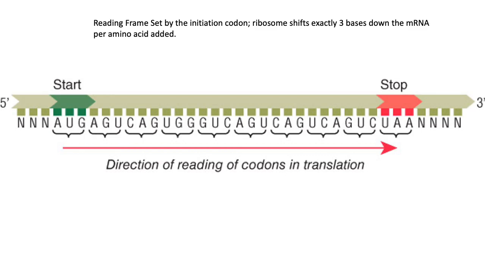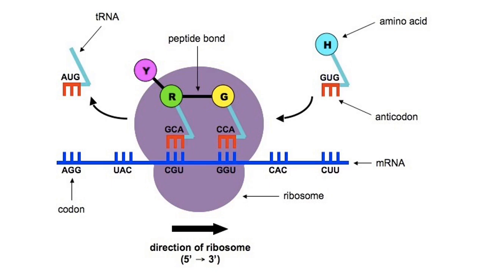So what happens when you've got this mRNA? Well, this big purple blob is a representation of our ribosome, and the ribosome clamps itself onto, or gets clamped onto, the mRNA and shuffles along 3 nucleotides at a time, 1 codon at a time, and basically attaches amino acids together with peptide bonds.